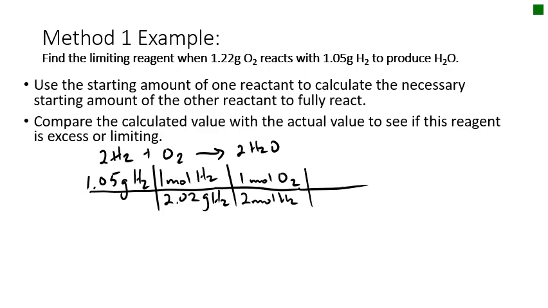And then lastly, converting it into the same unit as the oxygen given in the problem, I'll take 1 mole of the oxygen and 32 grams for the oxygen. So when we calculate this out, to completely use up all 1.05 grams of the hydrogen, it would require 8.32 grams of oxygen.